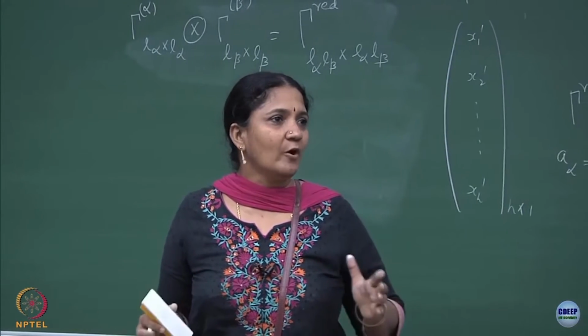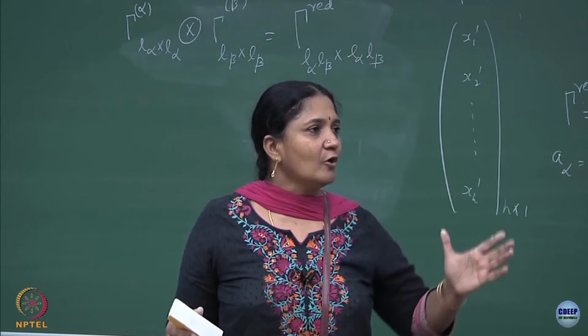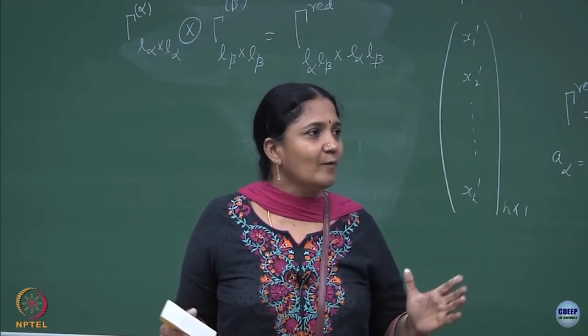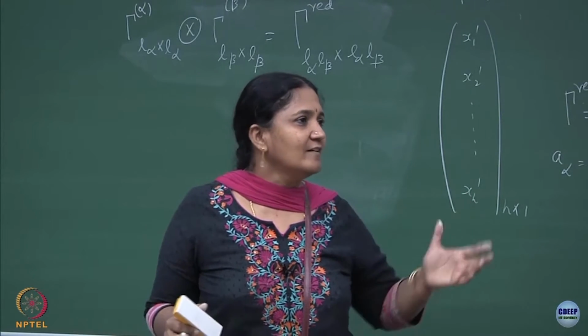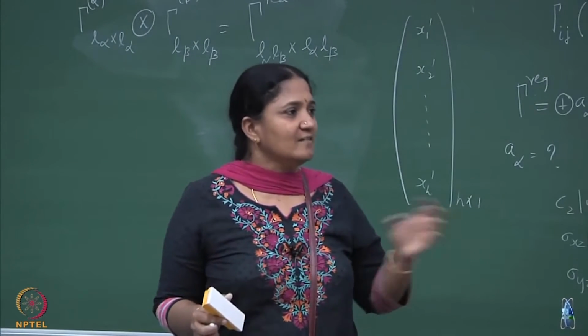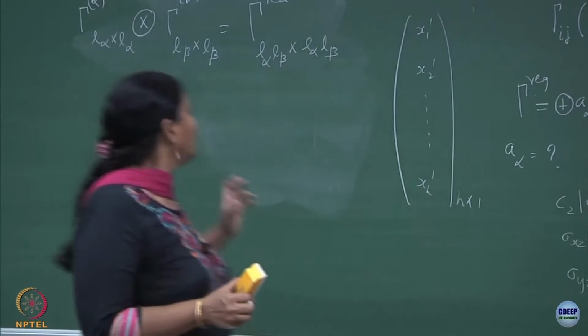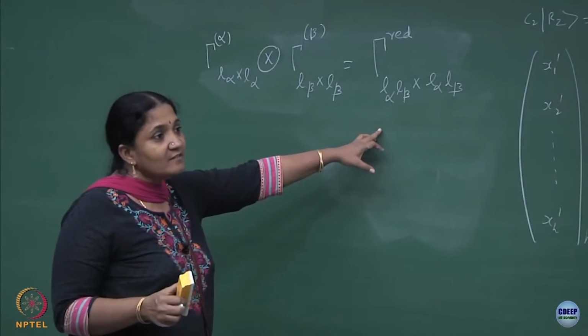When I do tensor product of two particle system, I take 2 cross 2 matrix acting on the xy coordinate x1 y1, the other one acting on x2 y2. So, you can start looking at tensor products and look at what will happen to those reducible representations.